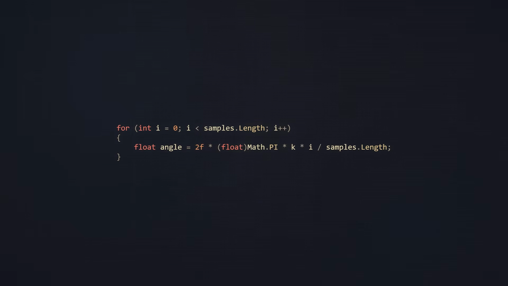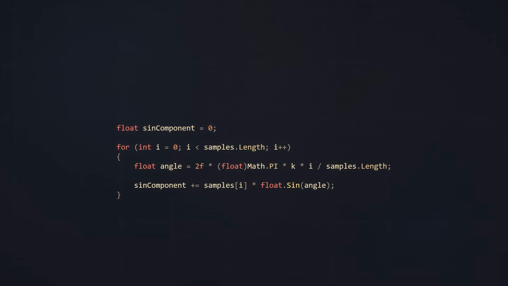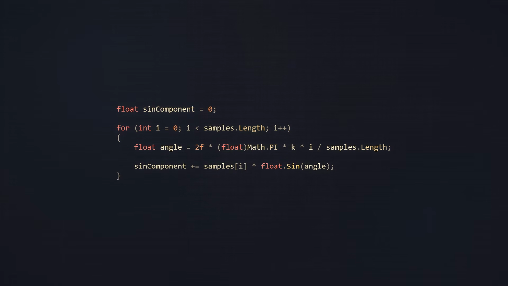Returning to our Fourier function, we now know that to get the similarity of our frequency k and the sample frequency at I, we can take the dot product of samples at I to the value that a sine wave of frequency k would have at this point, with this little calculation here. We'll accumulate that into this sine component value outside the loop. This actually still isn't quite everything, since we need to account for the phase of the audio.